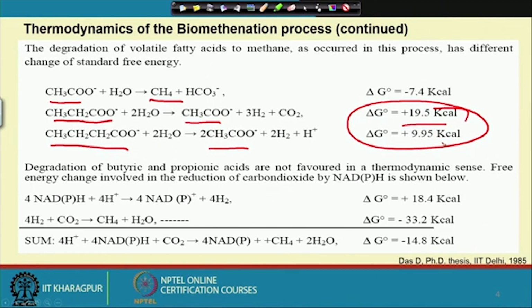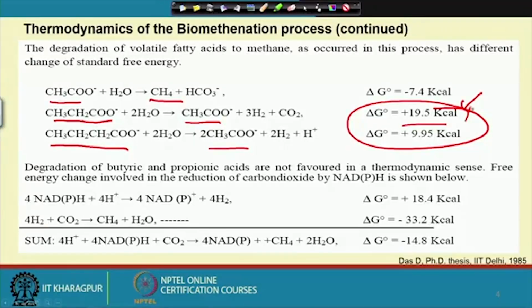Those who have experience with anaerobic digestion know that when we operate the process for a longer period of time, we find accumulation of propionic acid in the system, because thermodynamically this degradation is unfavorable. That is why in long-time operation we get more accumulation of propionic acid in the fermentation broth rather than butyric acid or acetic acid.